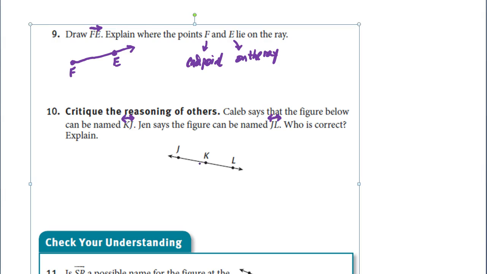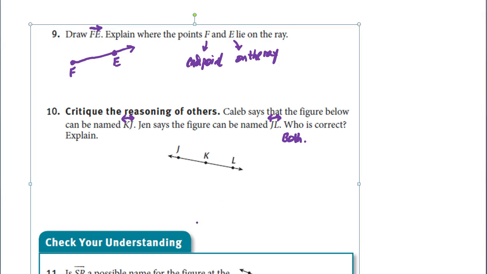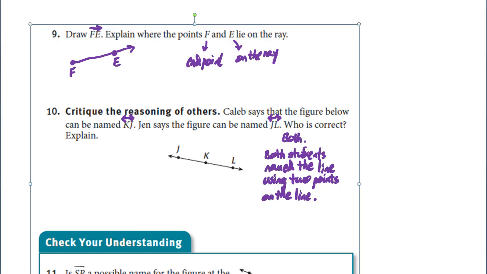Yes, you can. Caleb is correct. Jen says you can call this line JL. Well, JL are also 2 points on that. So who is correct? They're both correct. And explain. Both students named the line using 2 points on the line.